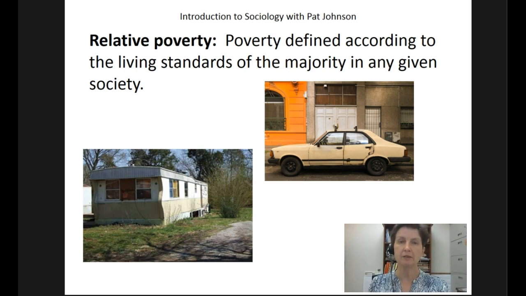They do have clothing. They have education. If you don't have those things that other people take for granted, you're living in relative poverty. So the pictures I've chosen for this slide are a beater car and a single-wide home, much like the one I lived in when I was in high school or a high school senior.